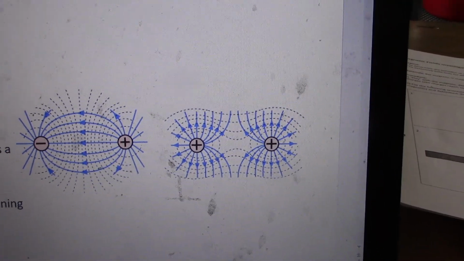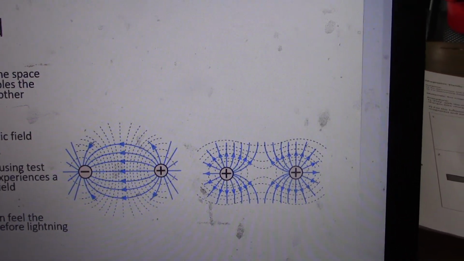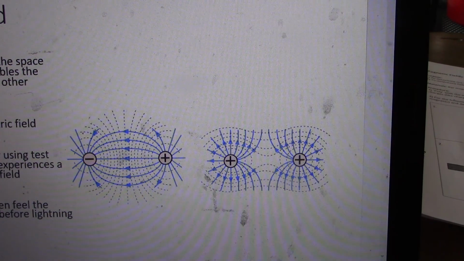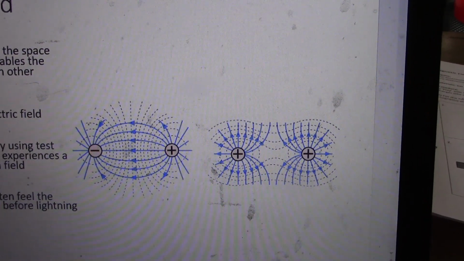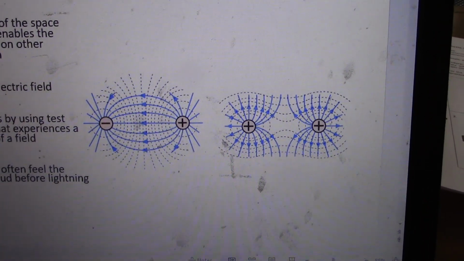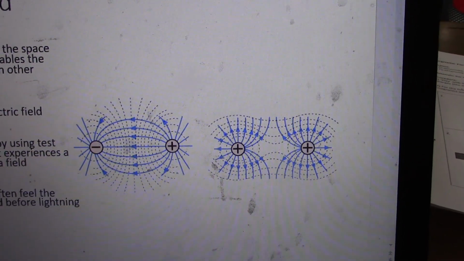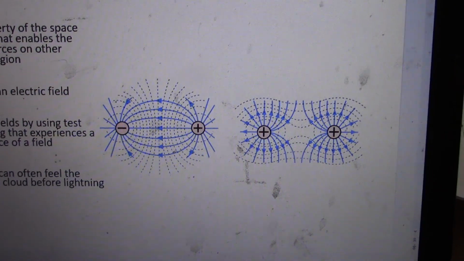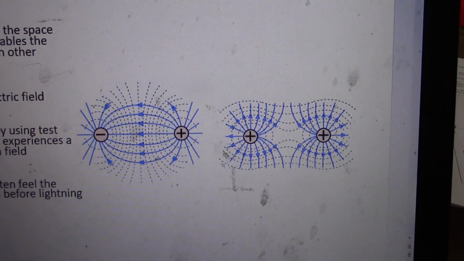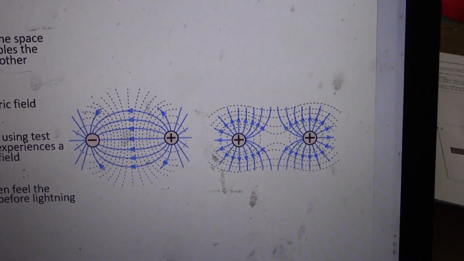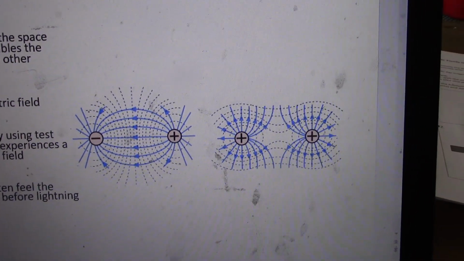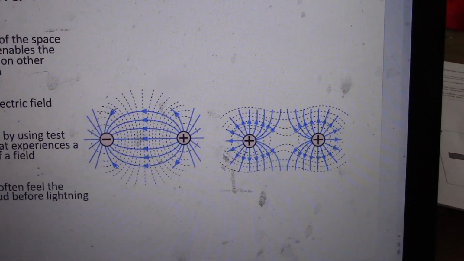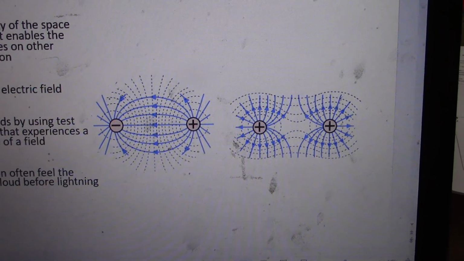So in an electric field, you'll have a positive terminal and a negative terminal, and the field lines always go from positive to negative because electrons flow away from the positive test source. So the positive test source has a deficit of negative charge, and the negative test body is where the electrons gather, and that's why it's negative.